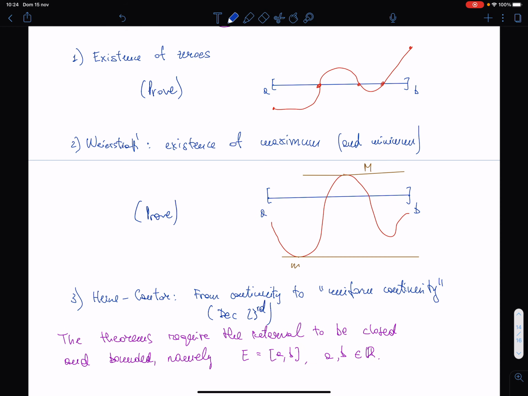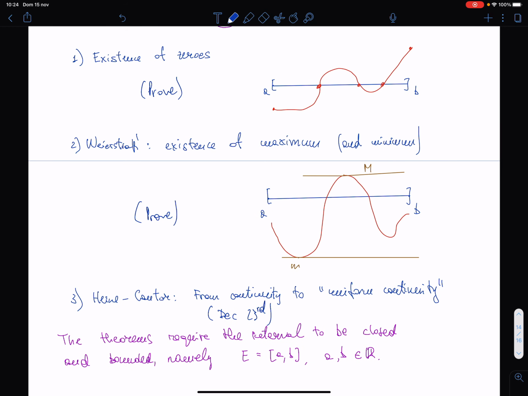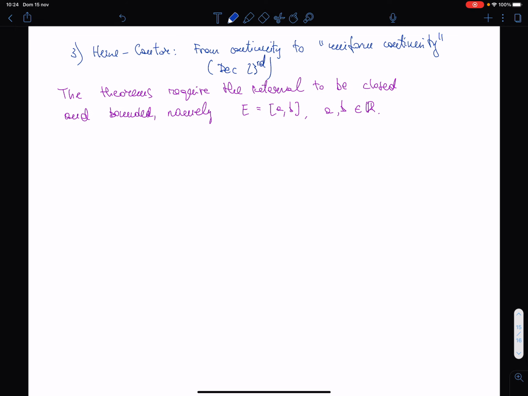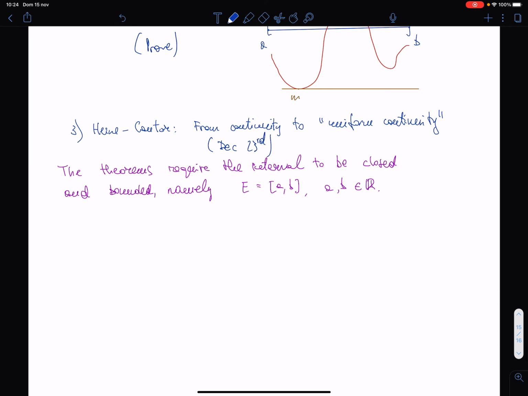For today, we will focus on the first two theorems. Okay, so we start with the first one. I already gave you a picture, and the first theorem of this chapter is on existence of zeros.